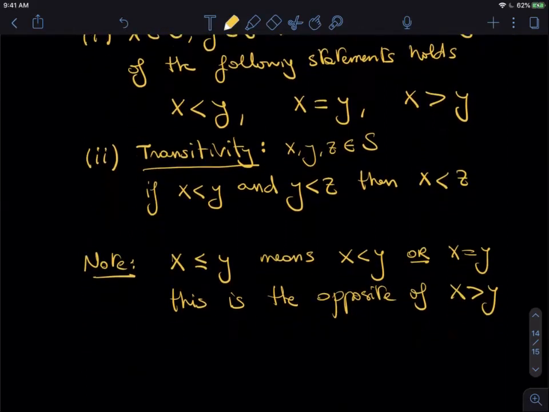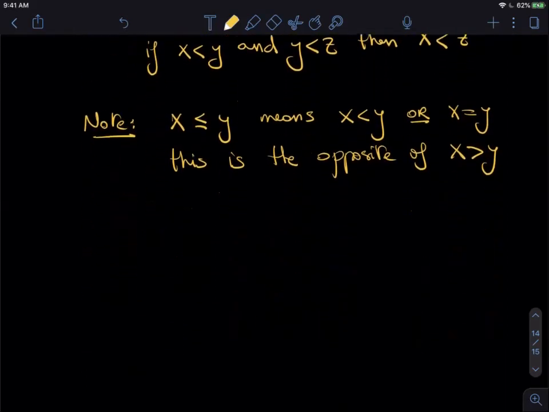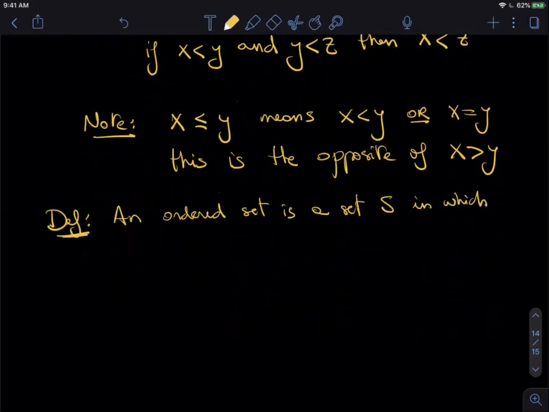Now, once we have defined a relation of order, the definition of an ordered set is trivial, right? An ordered set is a set S in which an order has been defined.